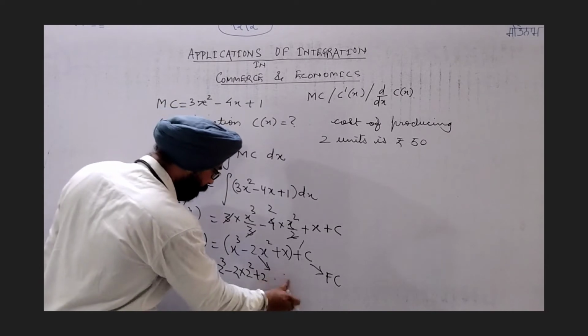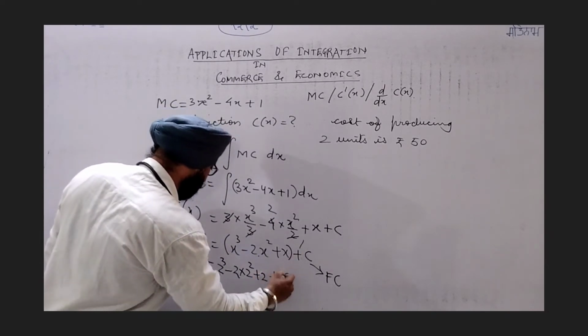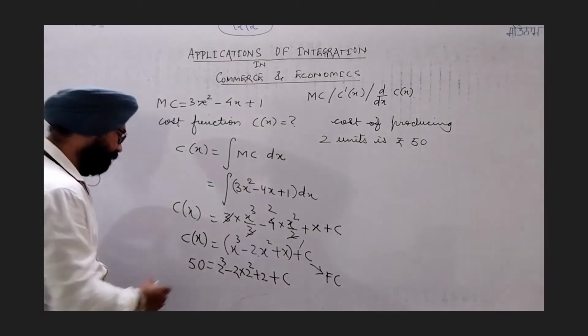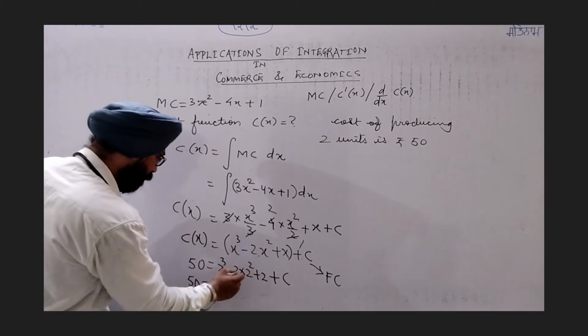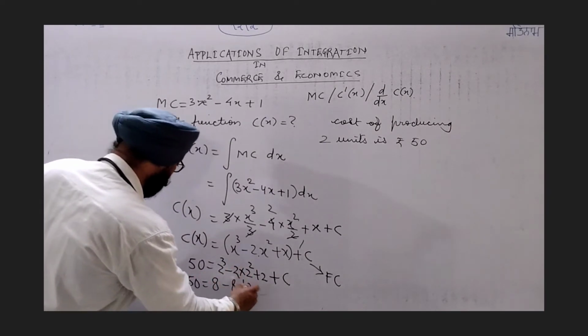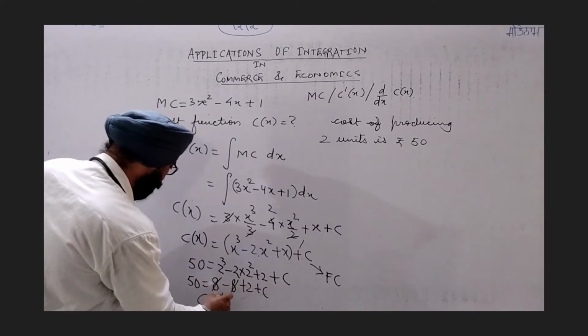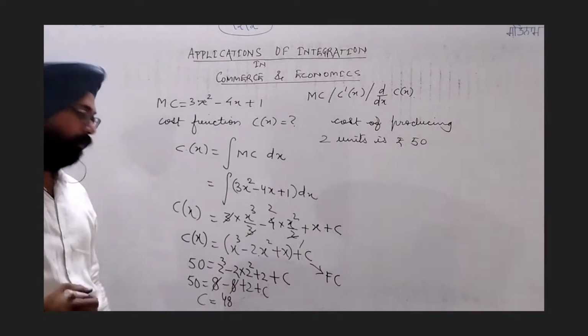Let me erase this variable cost abbreviation and keep plus c as it is. So what is the result? 50 equals 8 minus 2 times 4, that is 8, plus 2, plus c. Finally we get c equal to 48. This is the fixed cost we require.